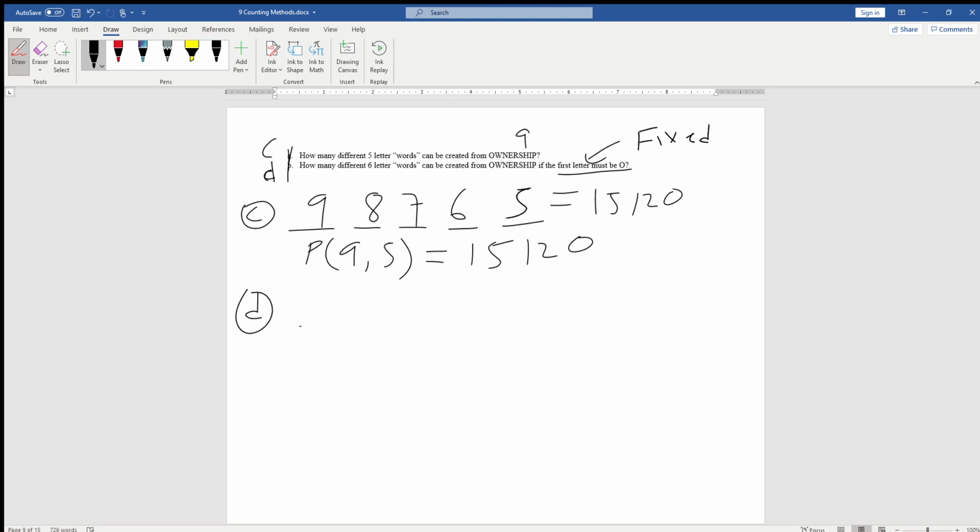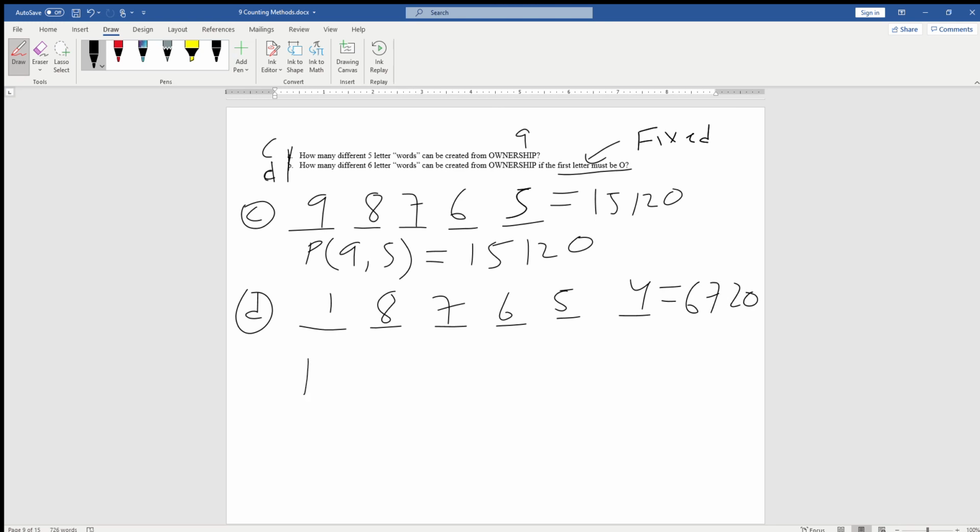We can do it by using the spacing method. First letter's an O, which means that it's designated. Instead of 9 letters, now we have 8. So that's 8, 7, 6, 5, 4. I'm going to type that in my calculator, and that gives me 6720.